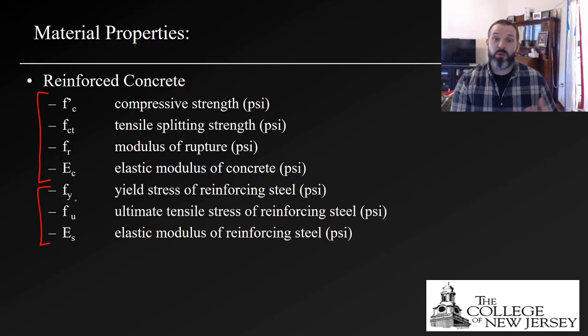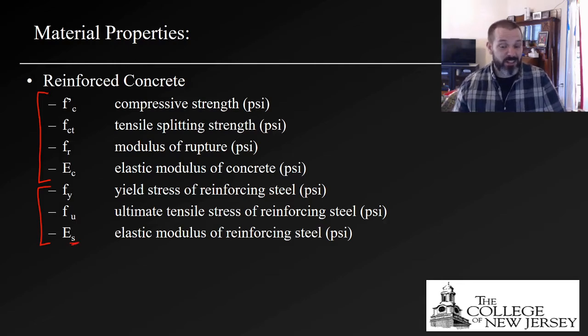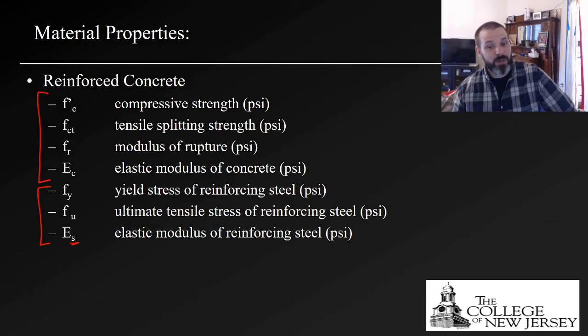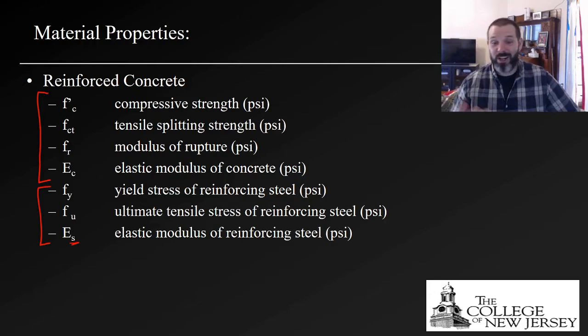When we include the steel, we have Fy, which is the yield stress of the steel, Fu, which is the ultimate tensile stress of the reinforcing steel, and E sub S, which is the elastic modulus of reinforcing steel. And since you've generally had steel design already, the elastic modulus of steel in the excellent imperial units is 29 million psi or 29,000 ksi. That's a number you can remember and always use.